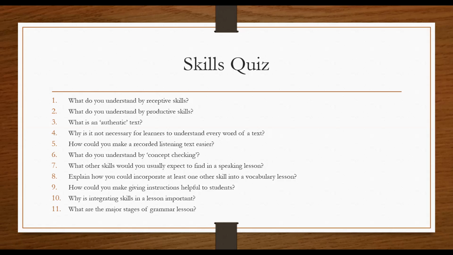Number 4. Why is it not necessary for learners to understand every word of a text? Why is it not important to understand every word of a text? Because every word has a set of meanings. Sana?